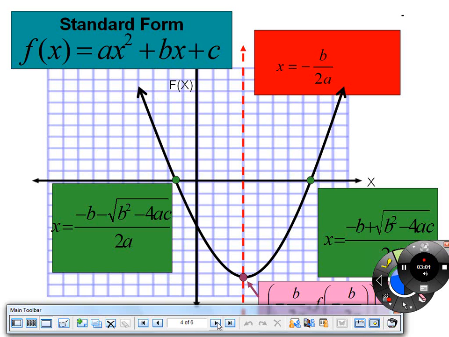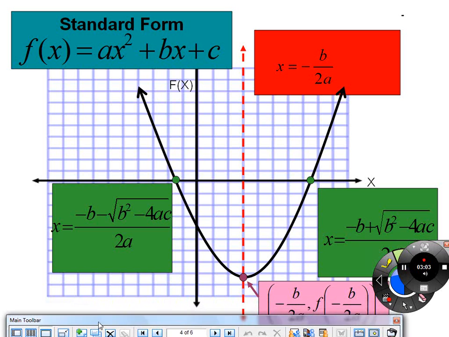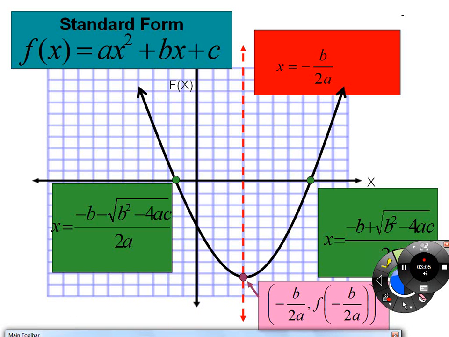But then I want to point out how we have labeled the vertex and the axis of symmetry. Notice that at the vertex point, the x-coordinate, and at the equation of the axis of symmetry, which says x equals, why does this red line marked on the graph say x equals as its equation?